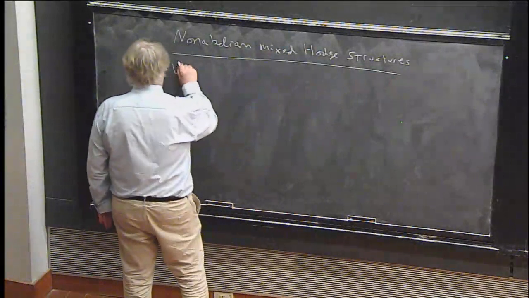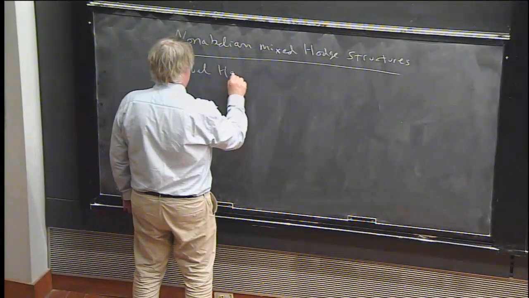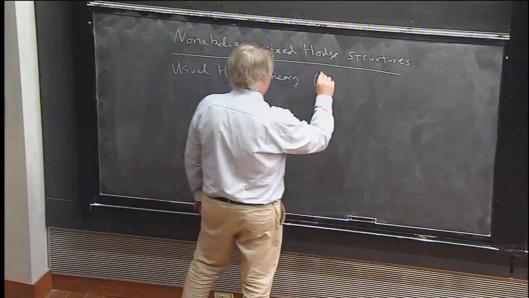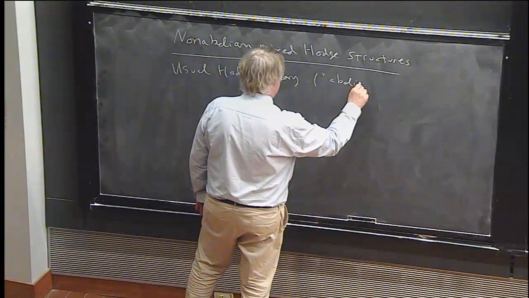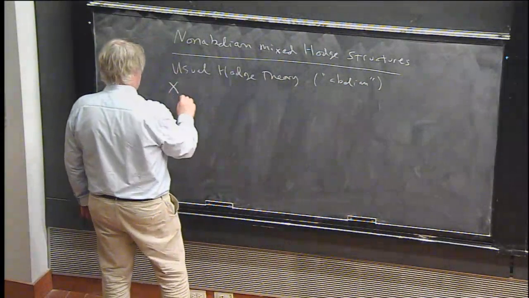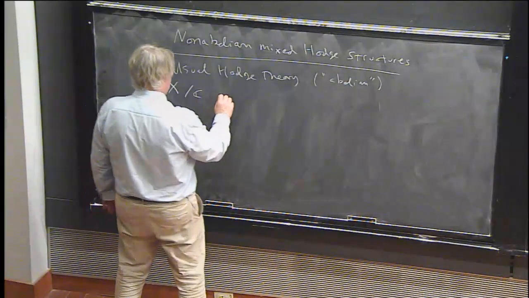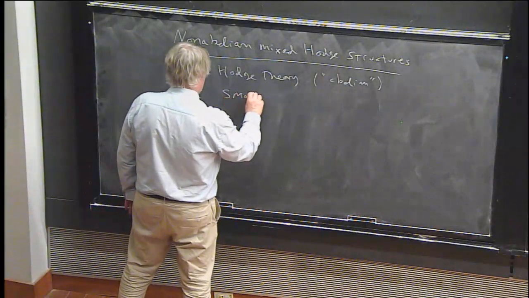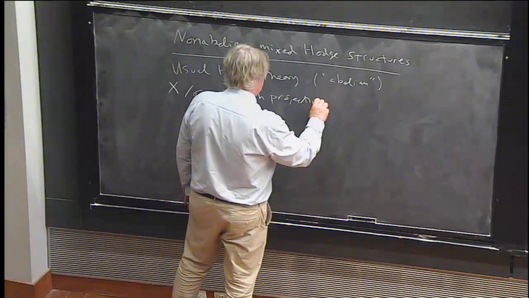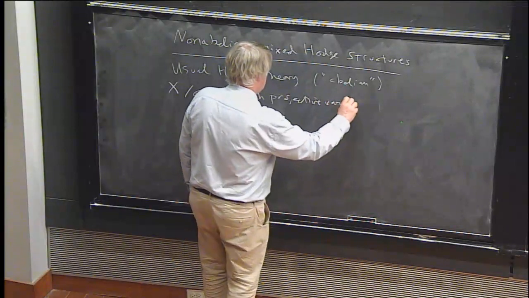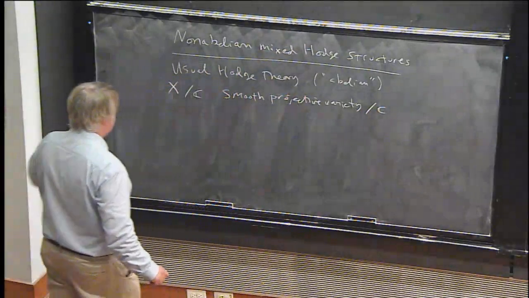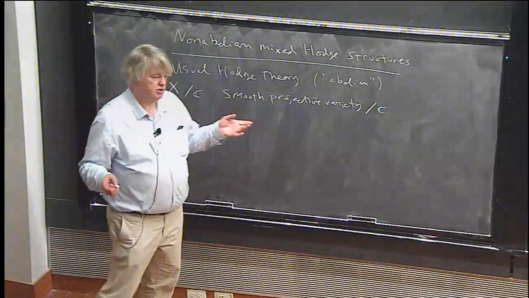What you would call abelian. So the setting is, suppose we have X, a smooth projective variety over the complex numbers. So this means it's given by polynomial equations in projective space.